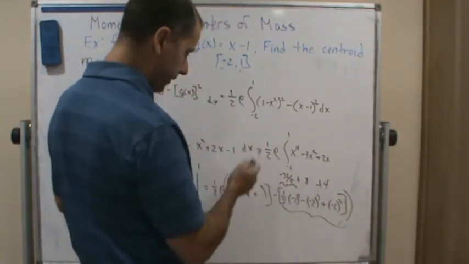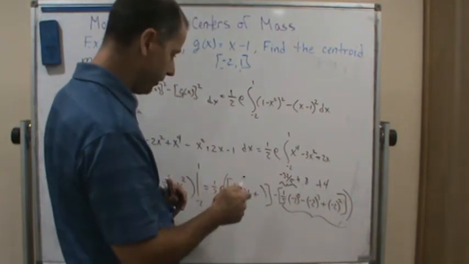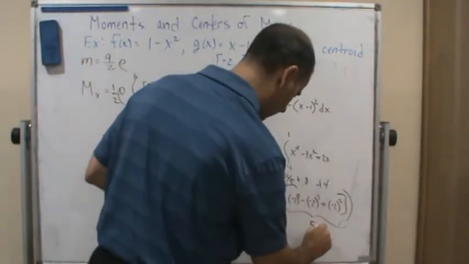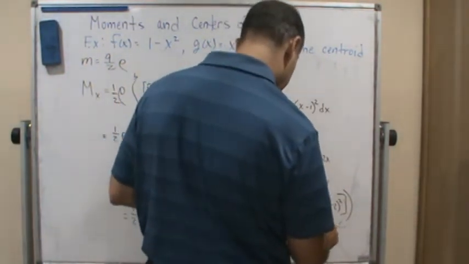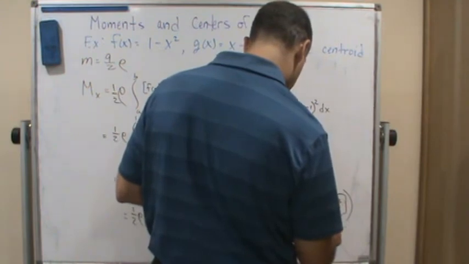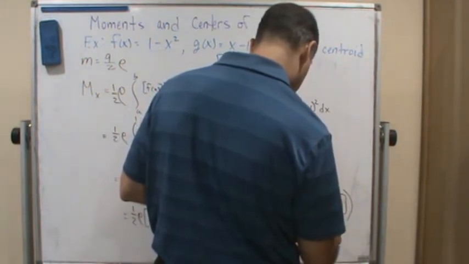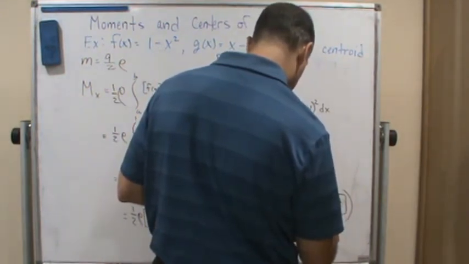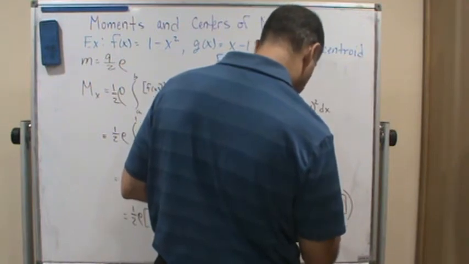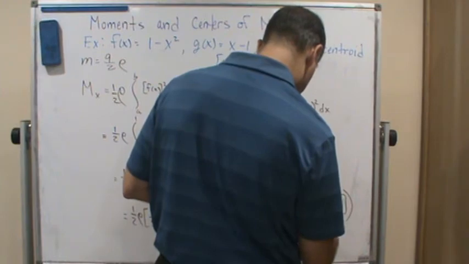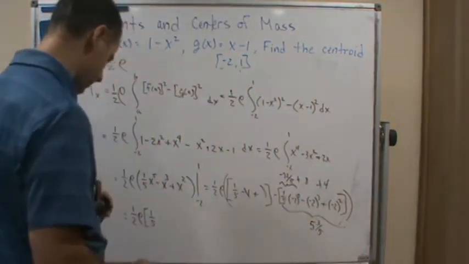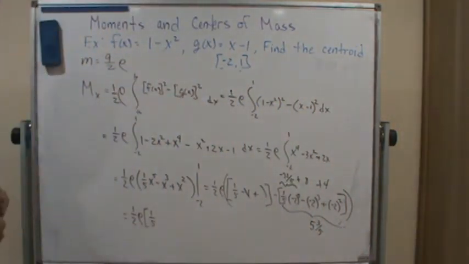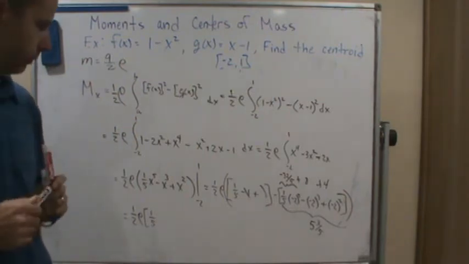So the 2/5, we get 5 3/5, right? So we get 5 and 3/5. Right?